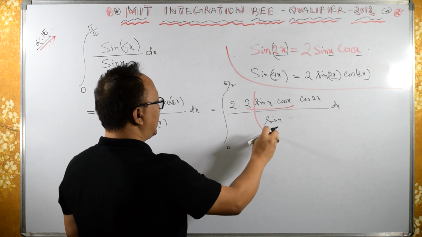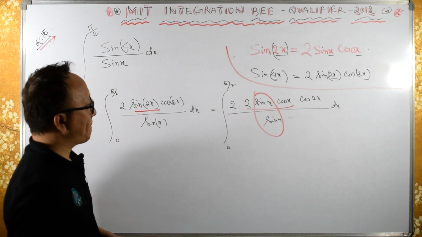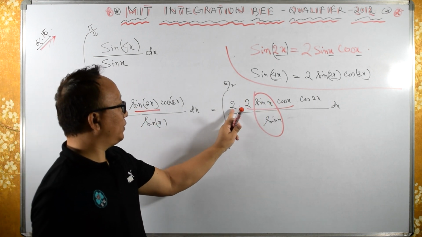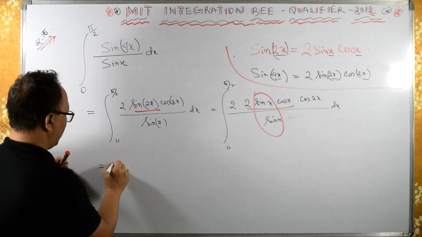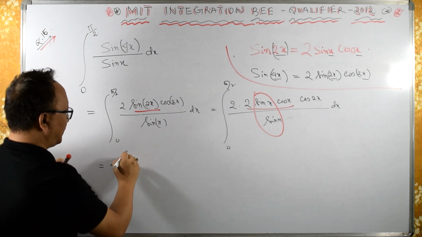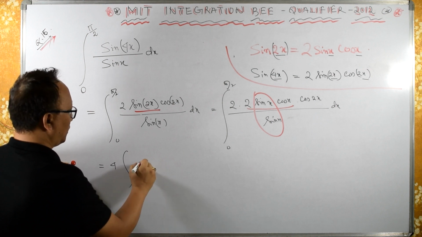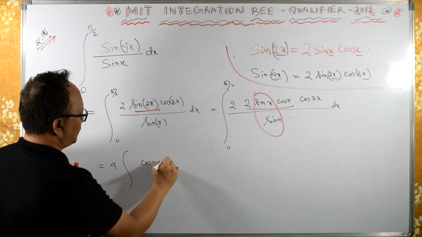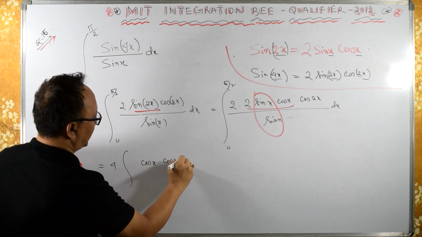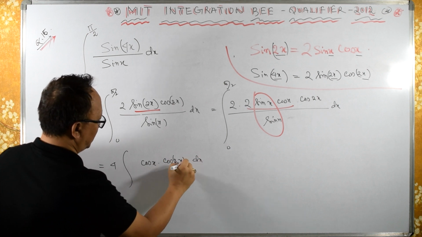Now this sine x and sine x get cancelled. So what we have? 2 into 2 is 4, and I can take the 4 outside. And then what we have is cos of x into cos of 2x dx.